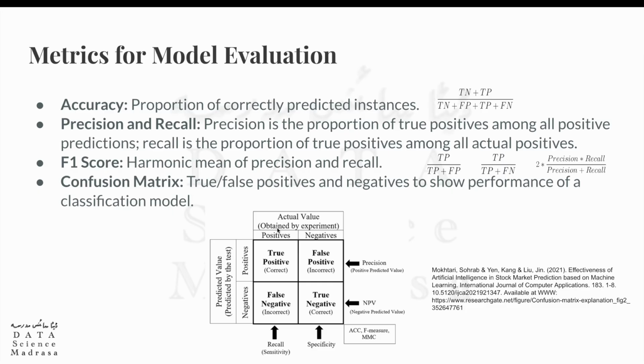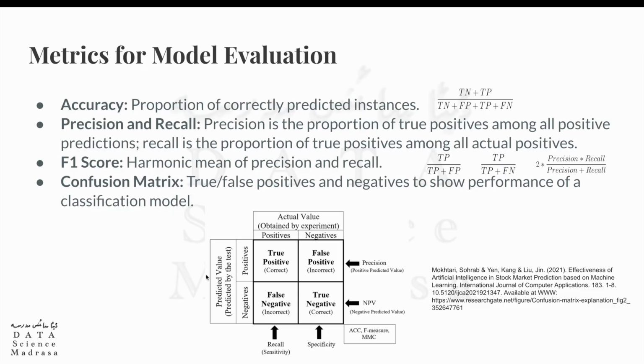In the previous examples, you saw that we always compared y_test against y_pred. y_test contained the actual labels of the target class from the dataset, and y_pred contained the predicted labels coming from the model.